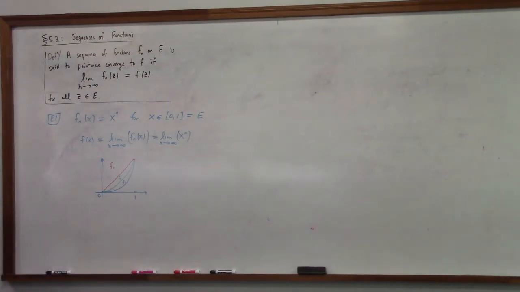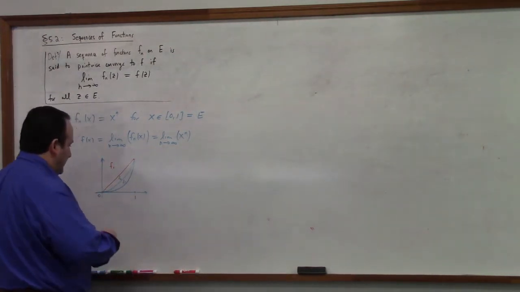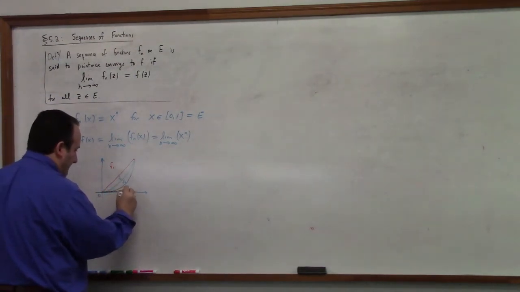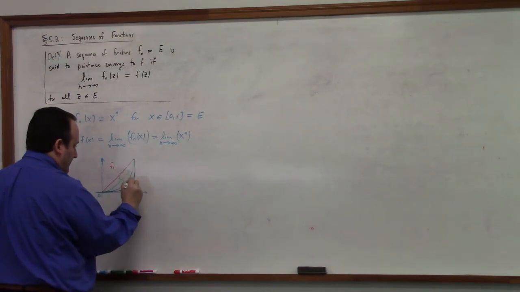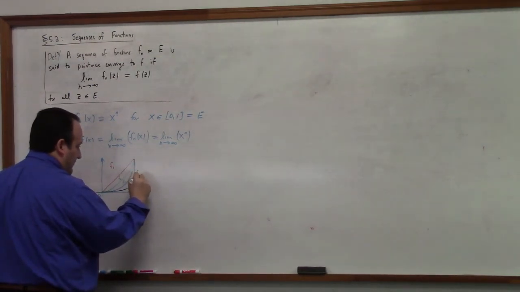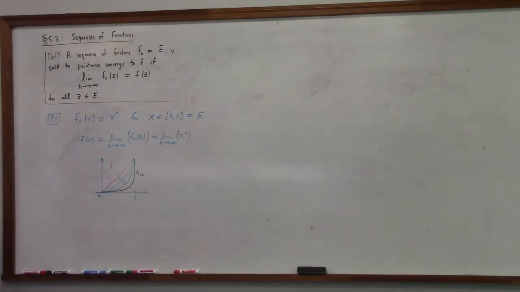What happens as n goes to infinity here? If you can imagine it, x to the 10th on this scale would look something more like, roughly speaking, I'm not quite doing it justice, but maybe that would be f100 or f10, whatever. The point is, what happens as n goes to infinity? You see what's happening?